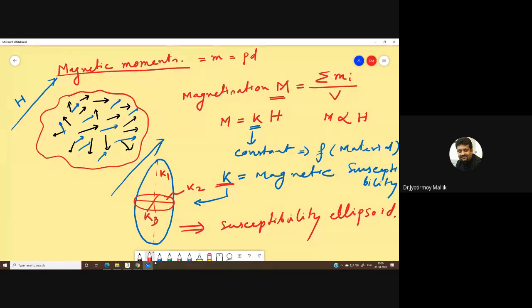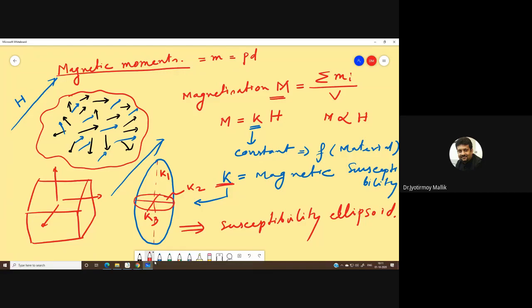So if I take a rock, because the magnetic moments are oriented in different directions, the susceptibility value will be different in the Z direction, the X direction, and the Y direction. That is what we call the susceptibility ellipsoid, and this magnetic susceptibility is essentially anisotropic.